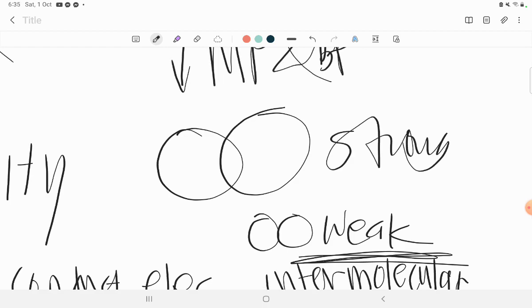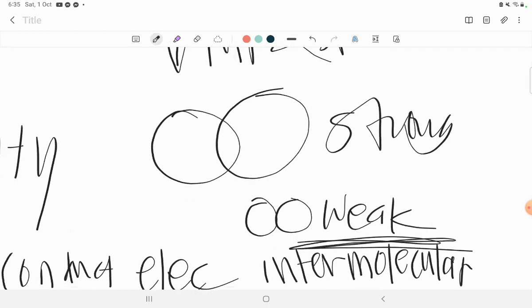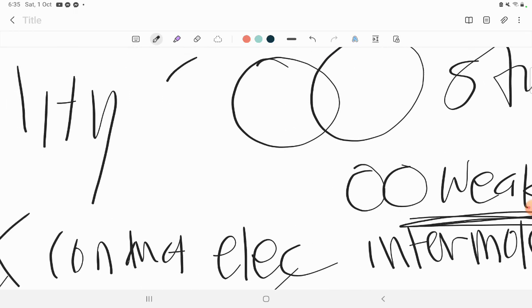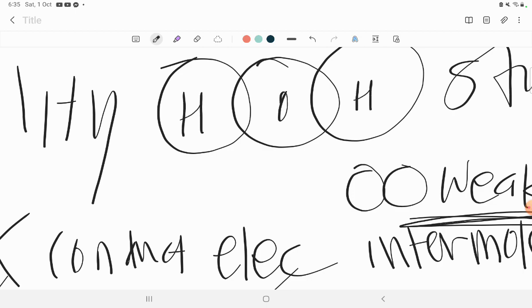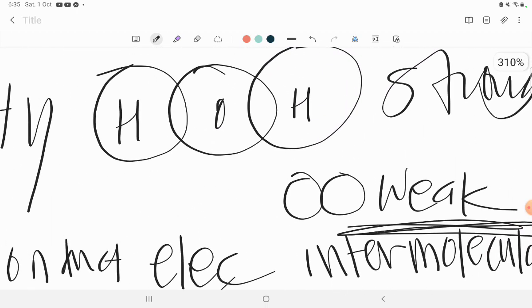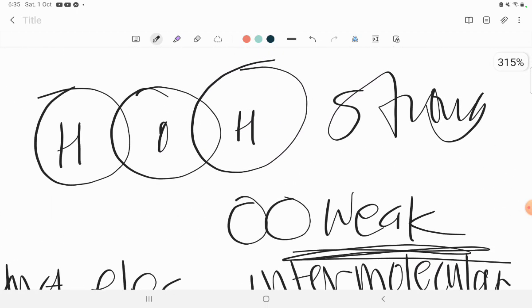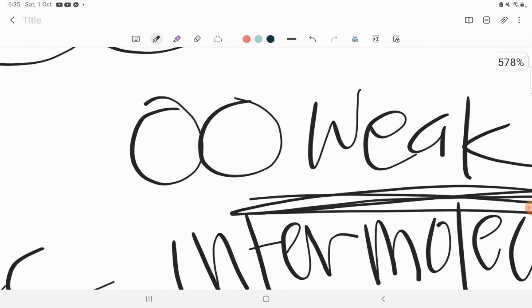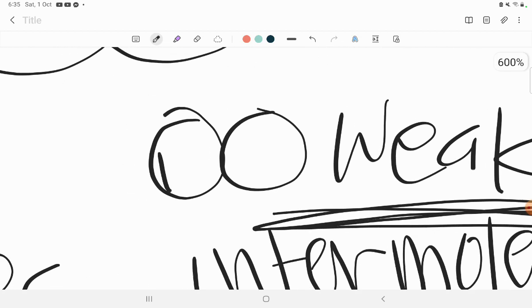Okay, so let's dissect. Let's say it's H2O, water. So the covalent bond between oxygen and hydrogen is strong. But the intermolecular bond between one circle is H2O.